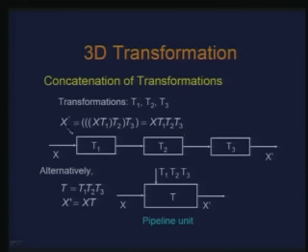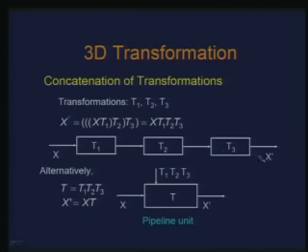In a pipeline architecture, I can think of x given as an input, and I have pipeline units where this unit contains a transformation T1, then the result goes to the other unit where I apply the transformation T2, then the result goes to the other unit where I apply the transformation T3 and I obtain the result x prime.